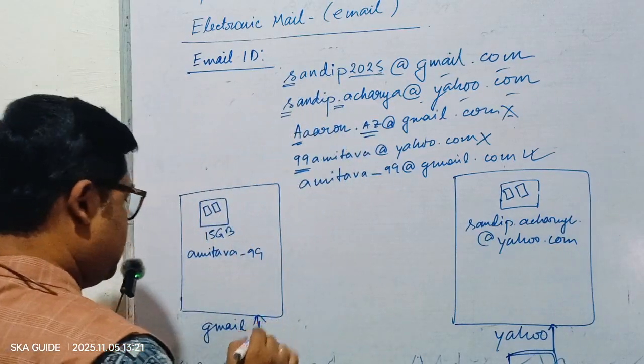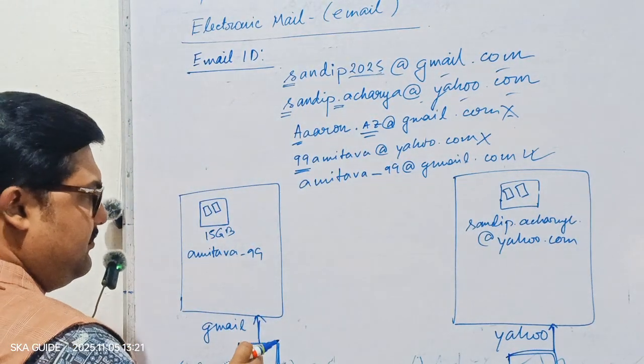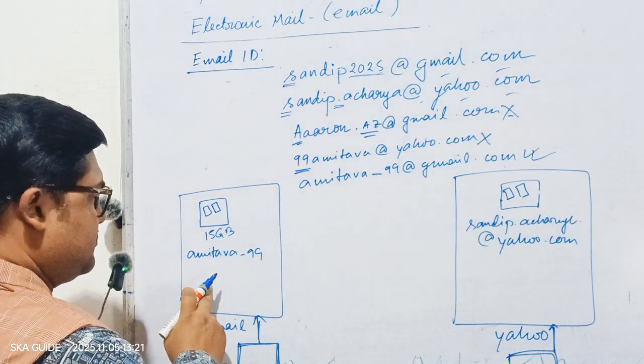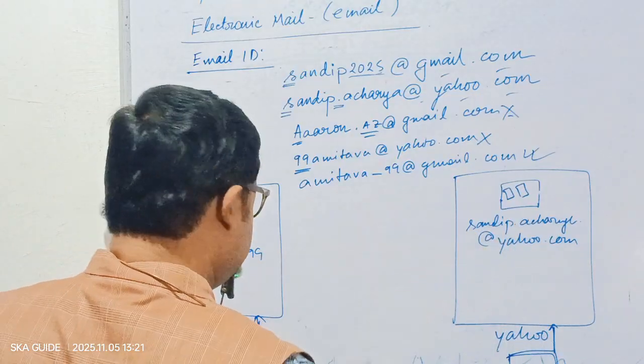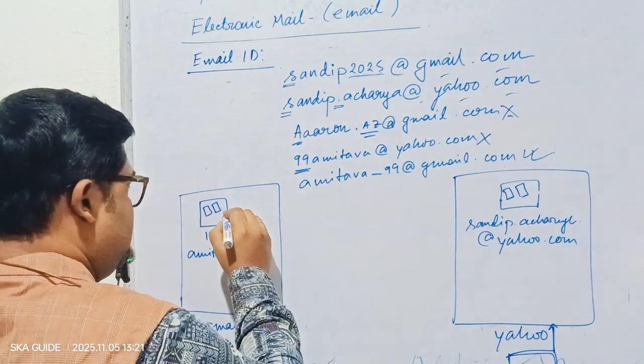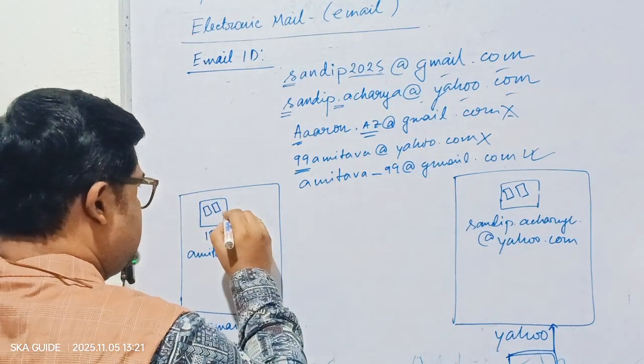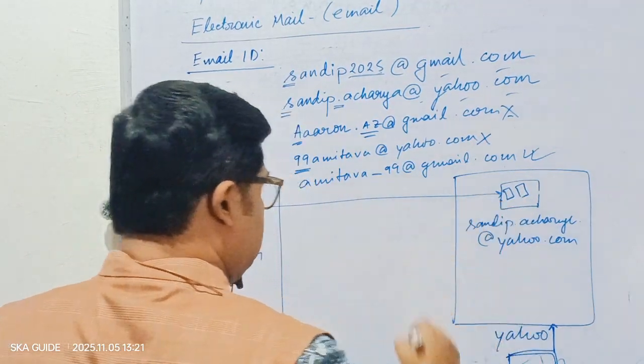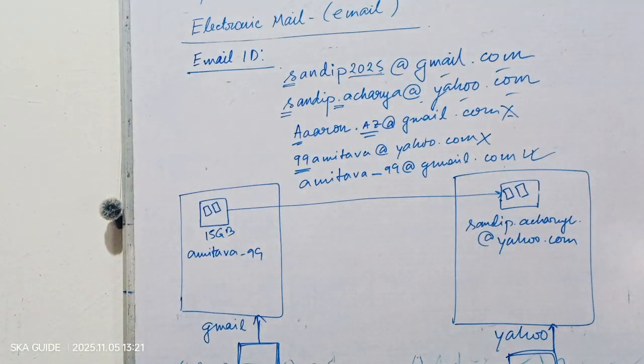So here is another person who can also connect with it. Okay. If Amitabh wants to send something to Sandeep Acharya, then from this mailbox, the thing will be sent to Sandeep Acharya's mailbox.